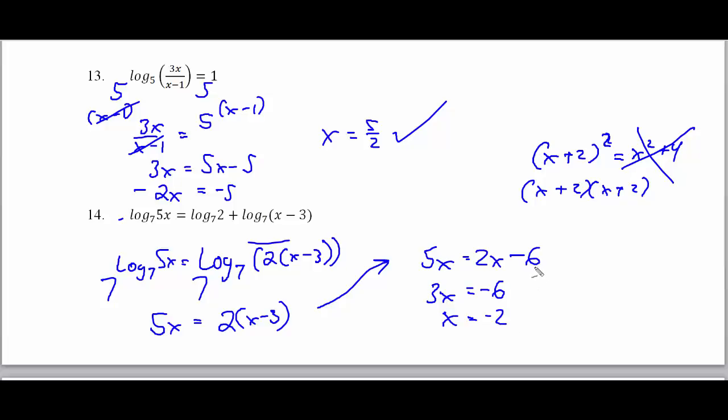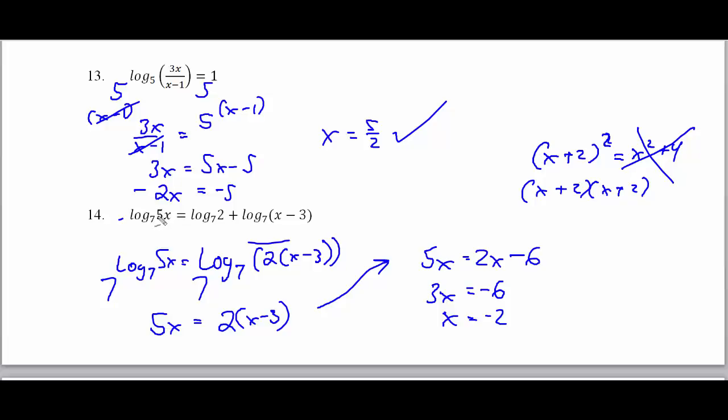This is the problem you need to check, because if I plug that negative 2 in for this x, I get log base 7 of negative 10. That's a problem, because I can't have this as a negative. Even in the previous problems where I had answers for negative x, when I plugged it in to the equation, it turned positive. But it isn't positive.